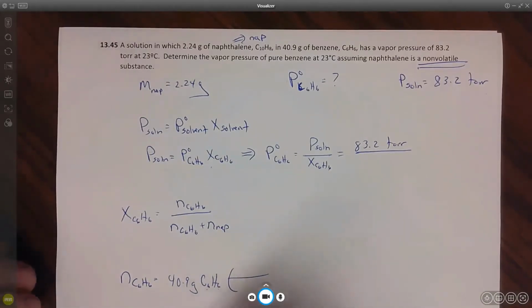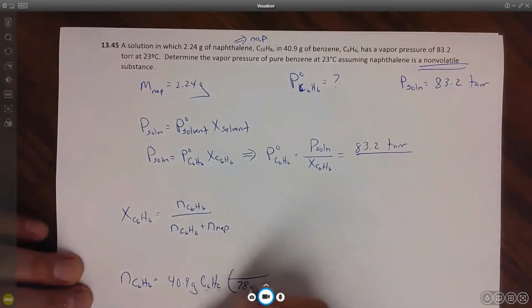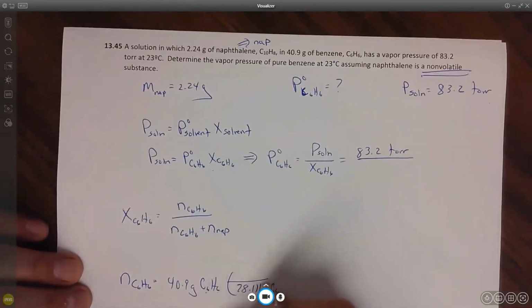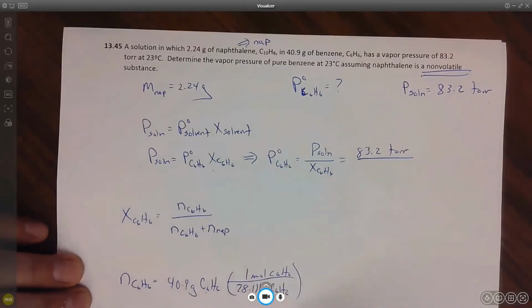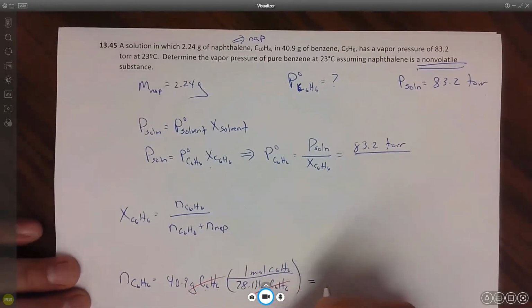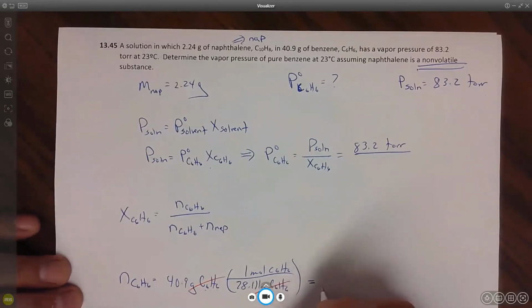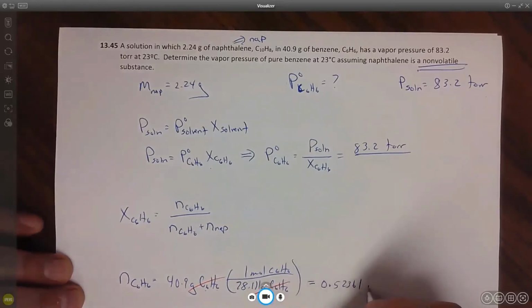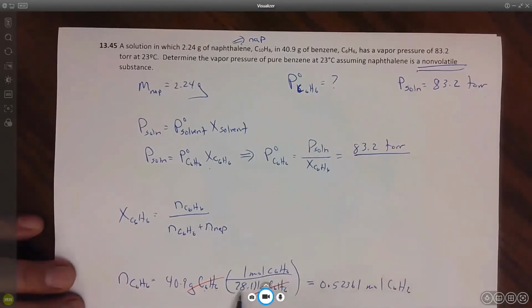That's going to give us 78.111 grams of benzene per mole of benzene, which gives a total of 0.52326 moles of benzene. This is 3 sig figs.